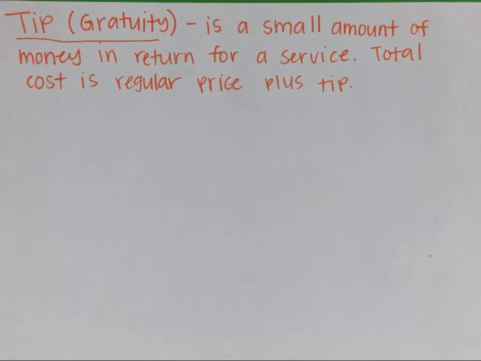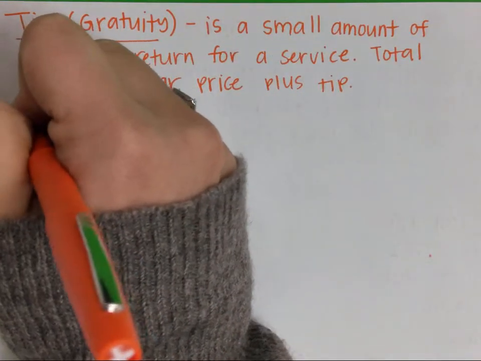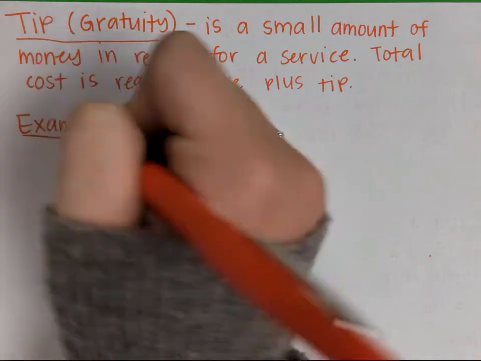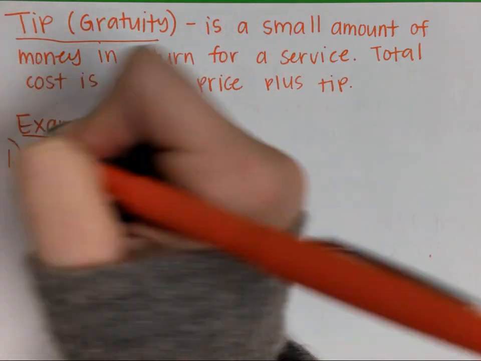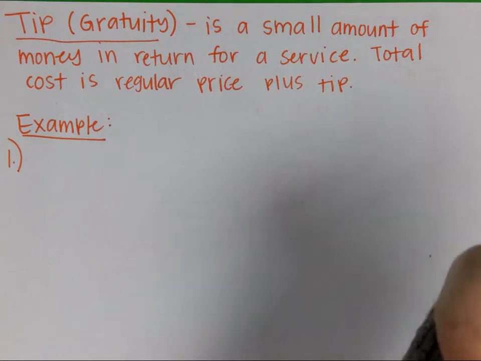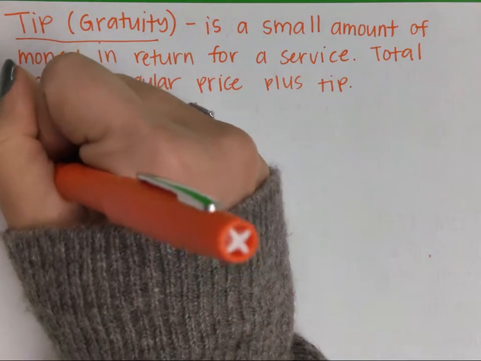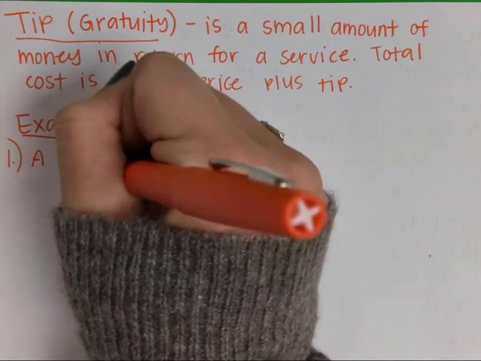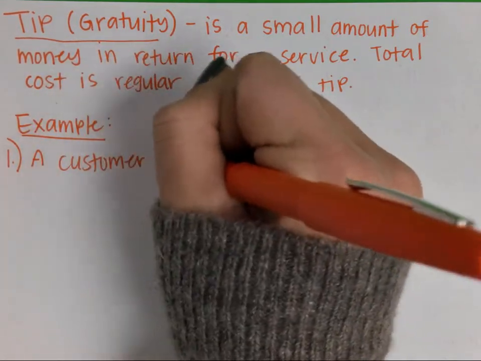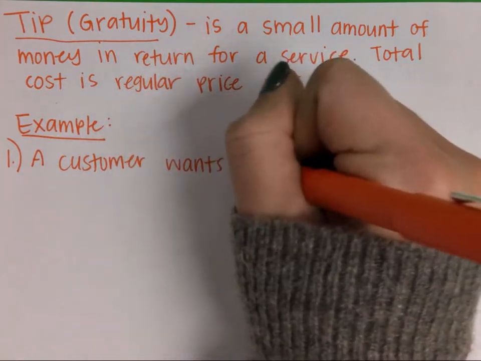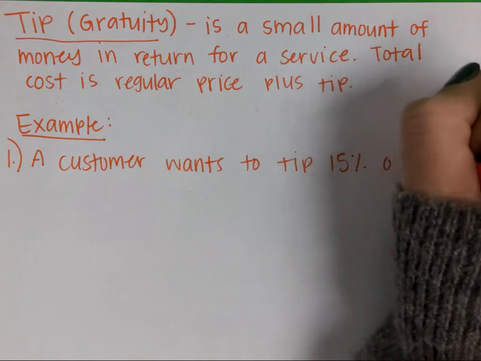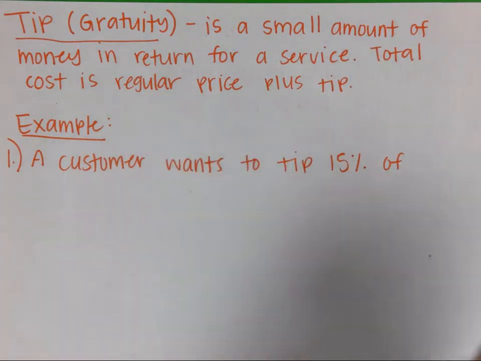Only if we're adding tip and sales tax. Okay. So we're about to find out. Let's look at example number 1. A customer wants to tip 15% of the bill, and the bill is $35.